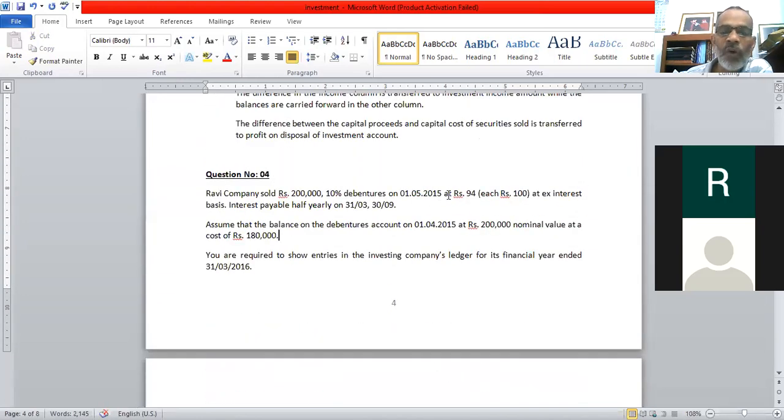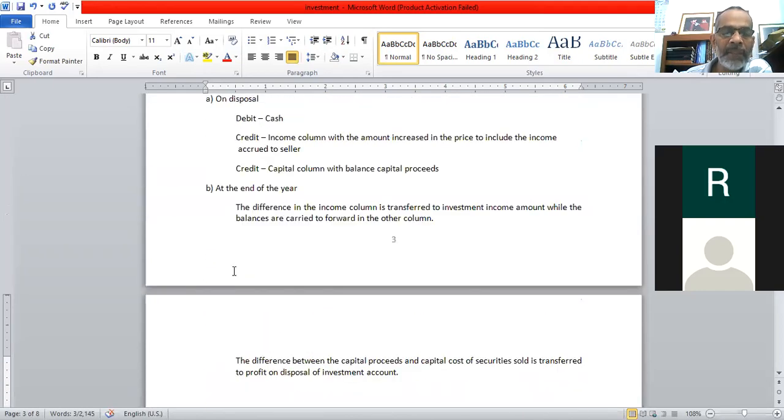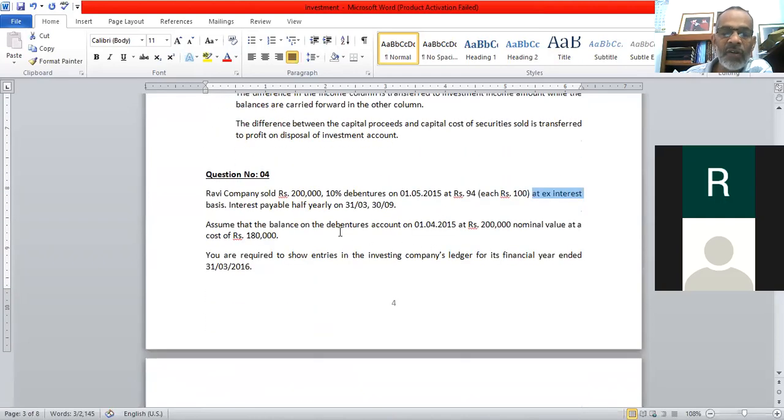Therefore, what method do we want to look at? Ex dividend method. Question number 3, we already looked at, that is the cum dividend basis. Okay, please change the question also. Ravi Company sold 200,000 at 10 percent, 94, at ex interest basis. Please change that one.